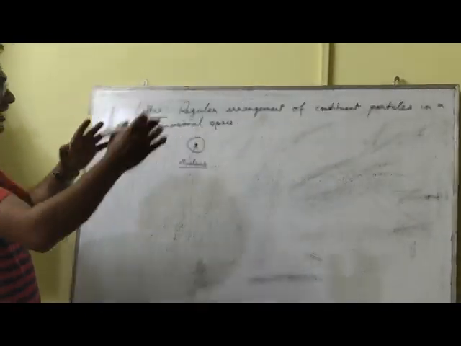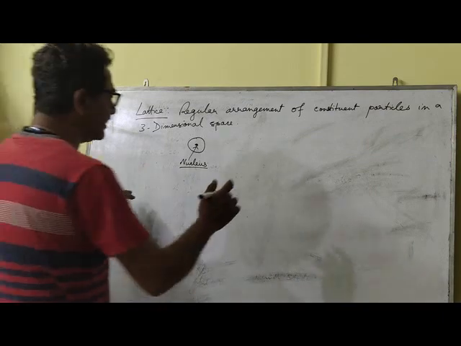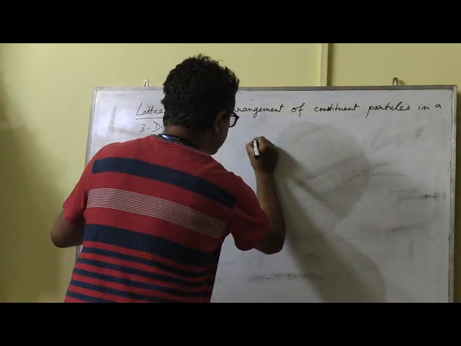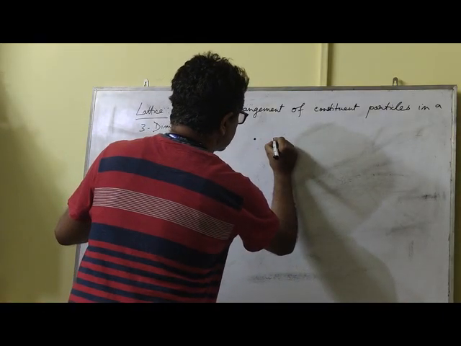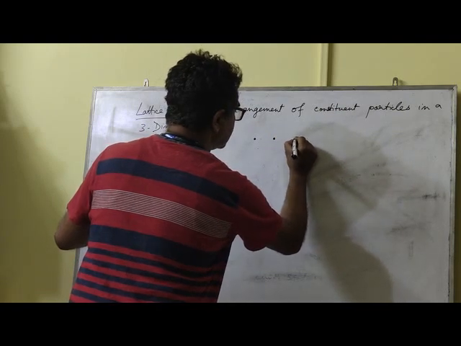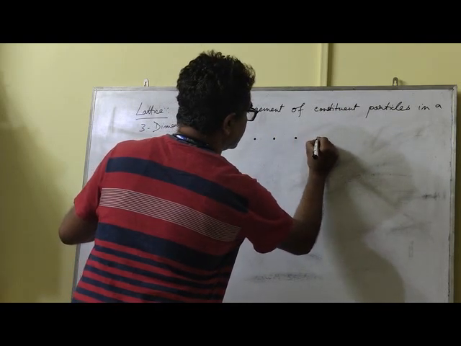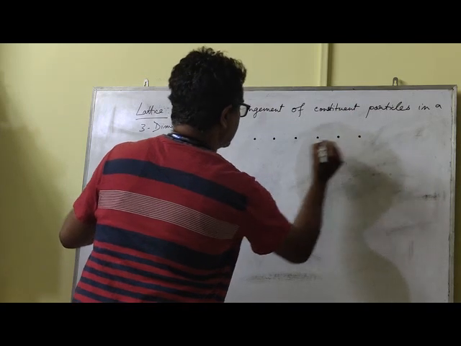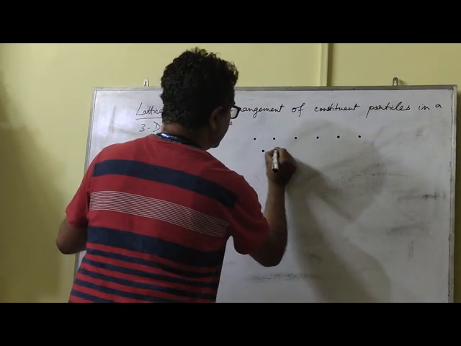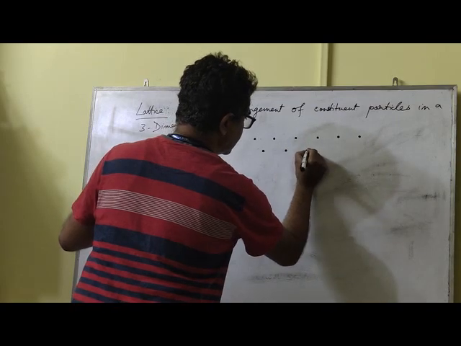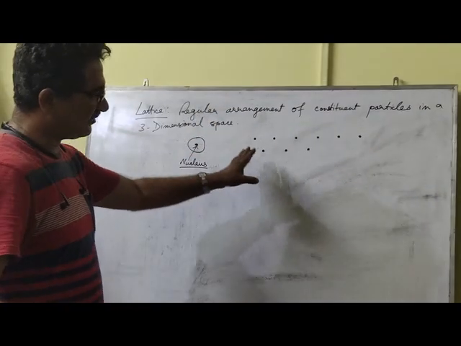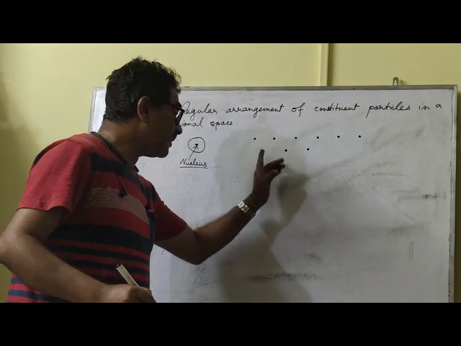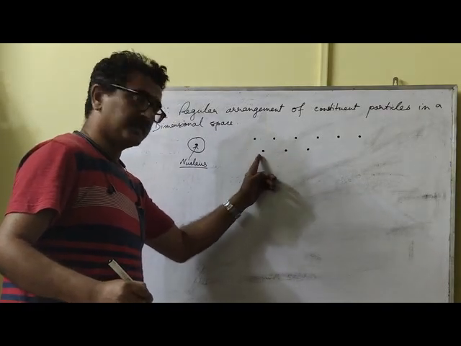So, the regular arrangement of constituent particles, let me go for the regular arrangement. Suppose these are the constituent particles. I'll give one more layer of constituent particles, and interestingly, I've kept it in between the two points.